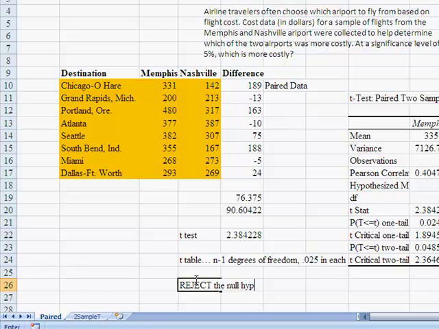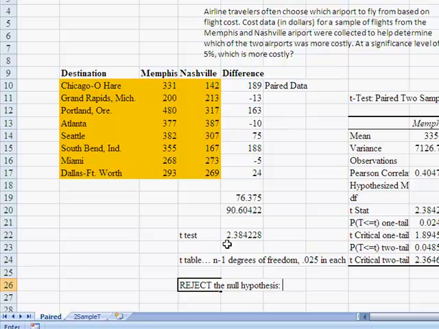However, you can't just stop with that kind of statement. The null hypothesis here is rejected, meaning that they're not the same, but I haven't answered the underlying question, which is, which one's more expensive? Because if you just pop your head up and say, oh, those airports don't have the same average cost for flights, and then walk away, people are going to look at you really strangely. In other words, you need to finish your conclusion.